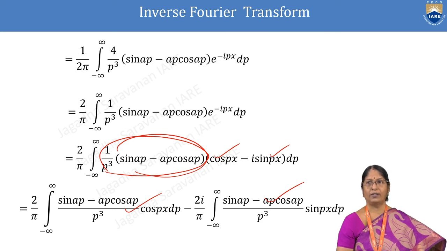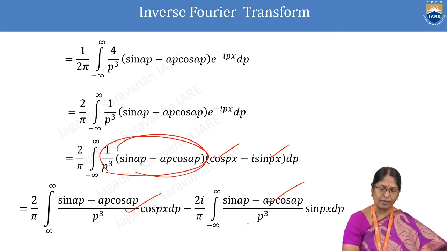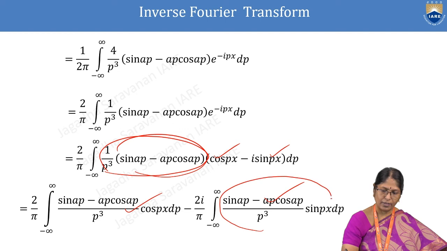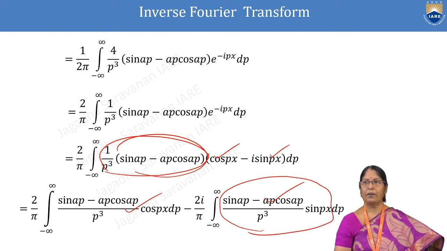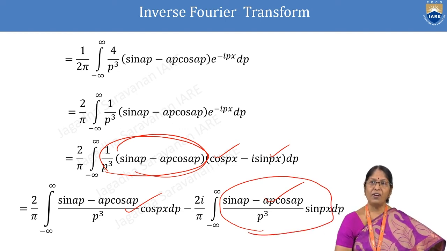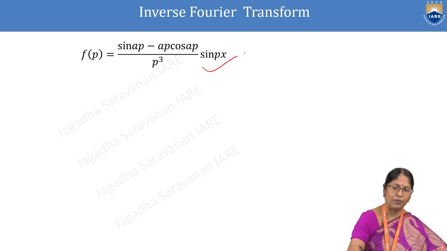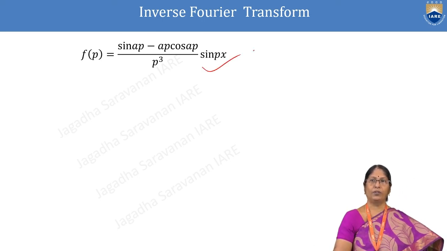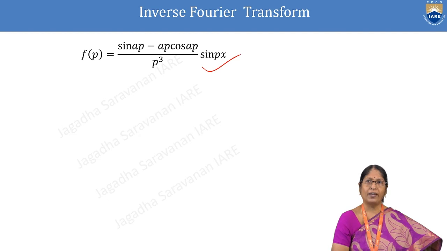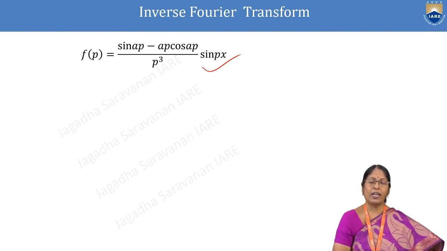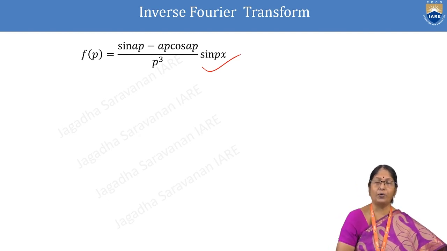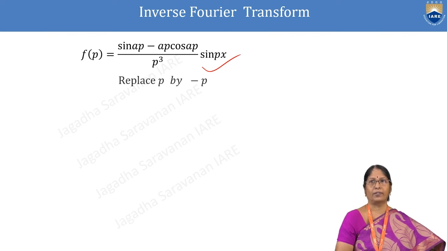Before that, this function, whether it is an even function or an odd function, we will check. Now f of p equals sin AP minus AP cos AP by p cube into sin px.